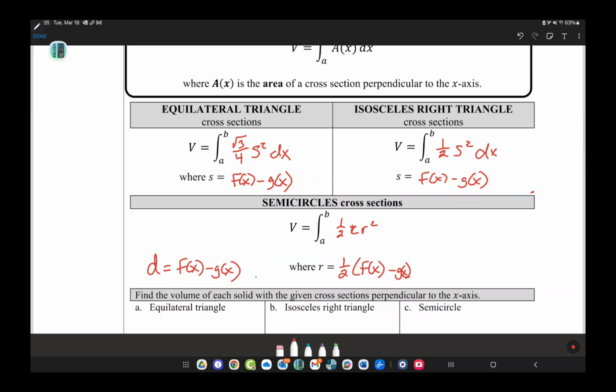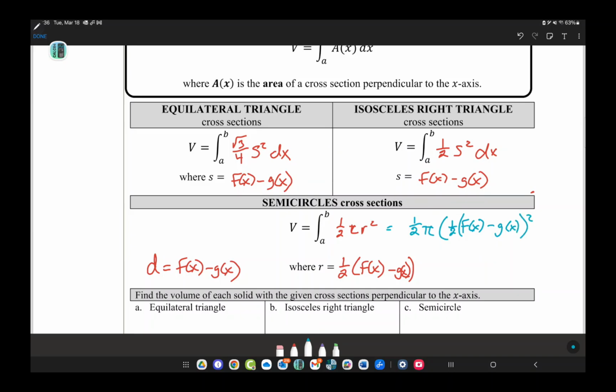So if you plug this in, we are going to simplify this. We get 1/2 of pi times 1/2 of f of x minus g of x squared.